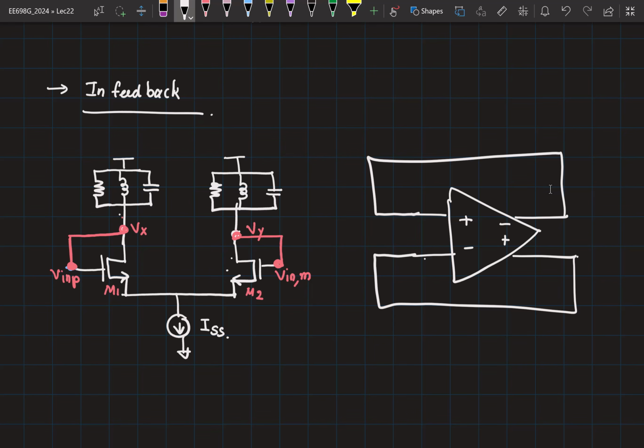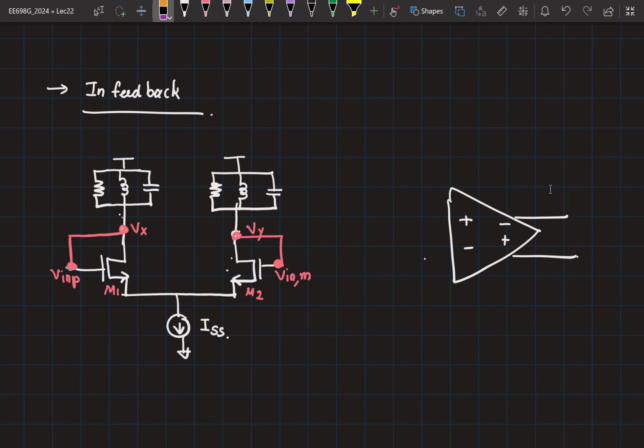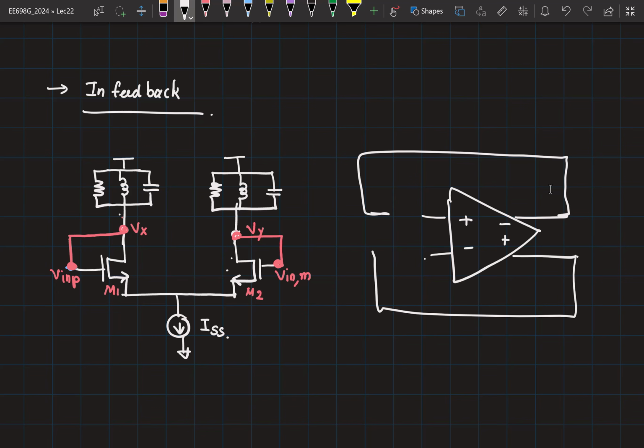So now if you wanted to apply Barkhausen criteria, we can simply break the loop and check if I go around the loop, I am able to overall get 360 degrees. So the question is, if I go around the loop, do I get 360 degrees? If I apply some V in here, what comes back? You get minus V in. So is it 360 degrees? It's only 180 degrees.